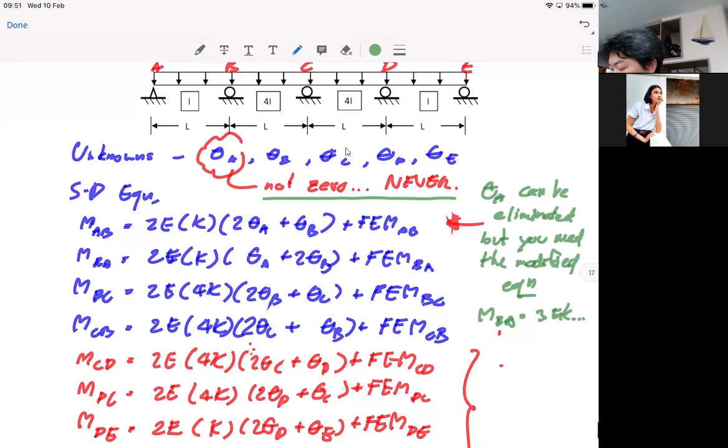Okay, when you use this one, you can forget about MAB, and you can forget about ζA.